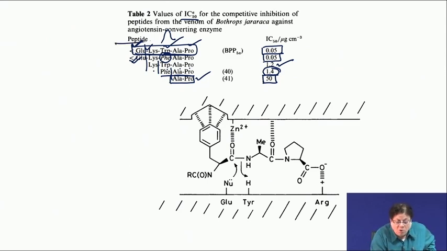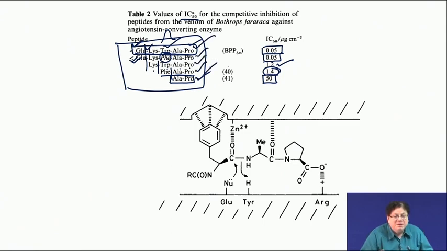The interesting point is that in all these peptides, the C terminus is a proline, and then it is alanine. That means these are obligatory amino acids if you want to design an inhibitor of ACE.